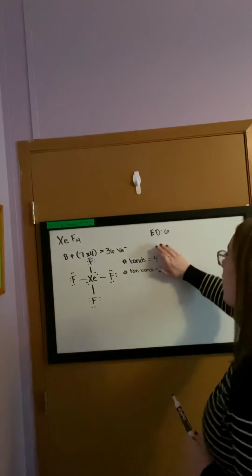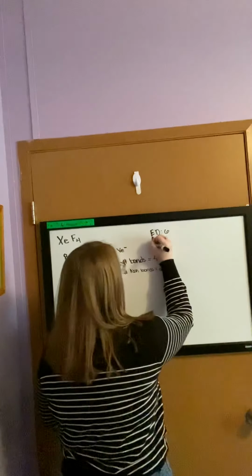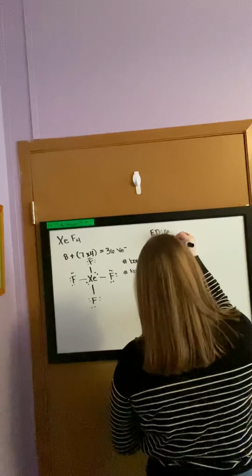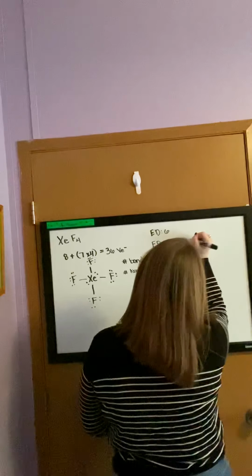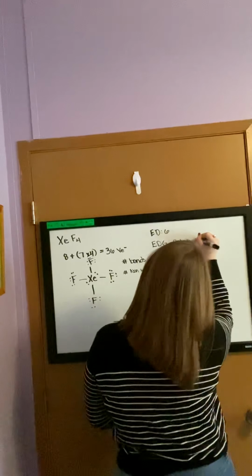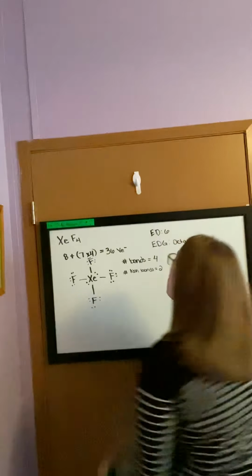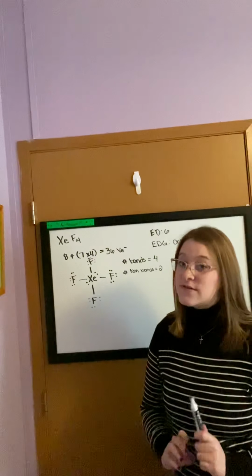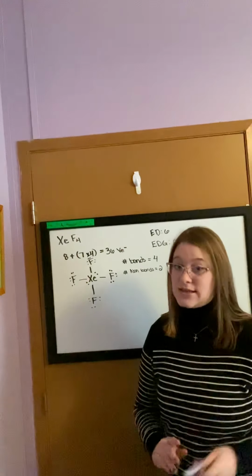So our electron domain geometry is octahedral, meaning that there are 6 electron domains. Okay, now because of these 2 sets of lone pairs, it will not be an octahedral shape.